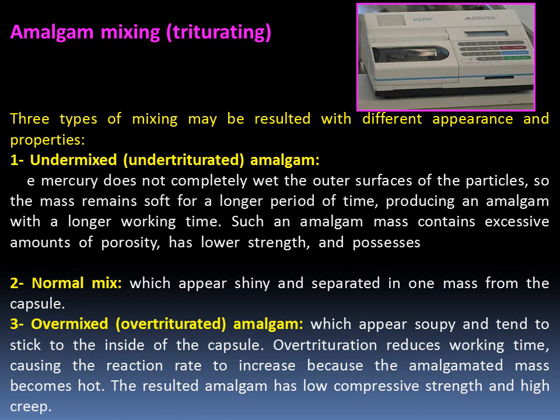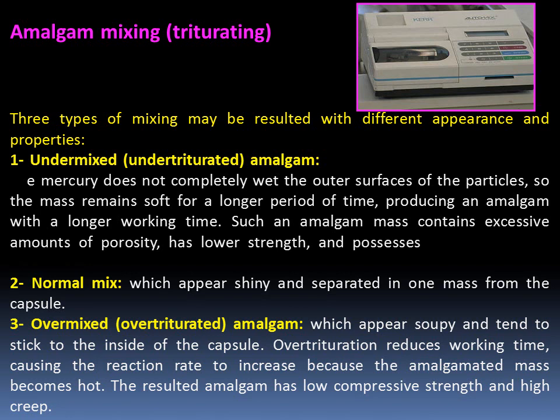Number 2, normal mix, which appears shiny and separates in one mass from the capsule, with excellent mechanical properties. Number 3, overmixed amalgam, which appears soupy and tends to stick to the inside of the capsule. Overmixing reduces working time and causes the reaction rate to increase because the amalgamated mass becomes hot.